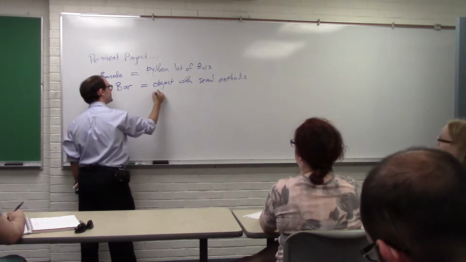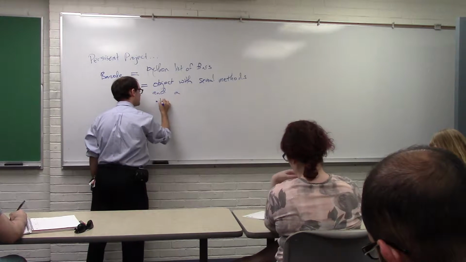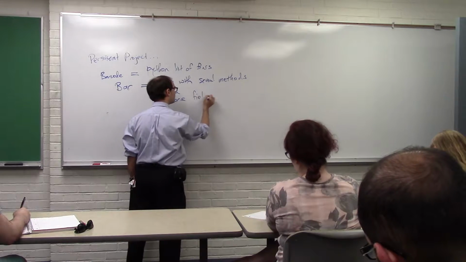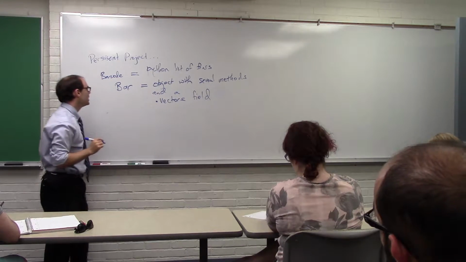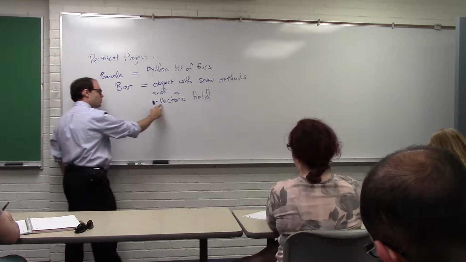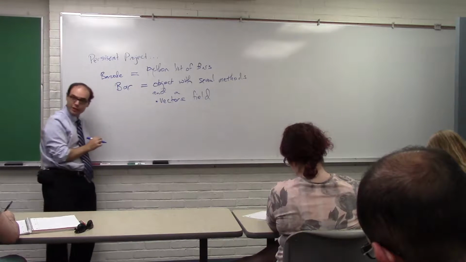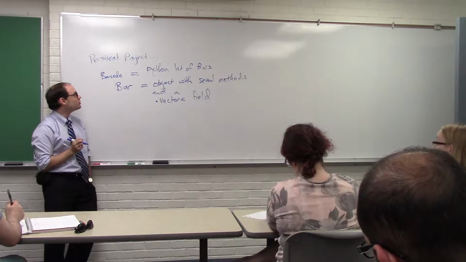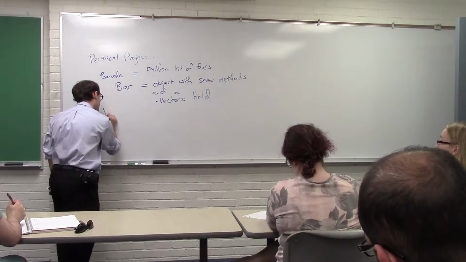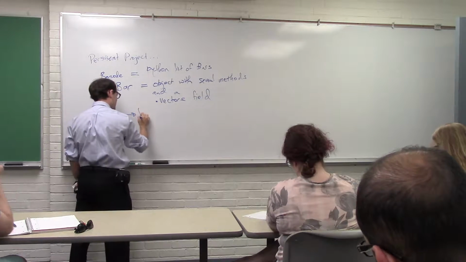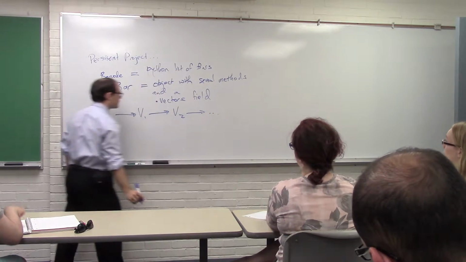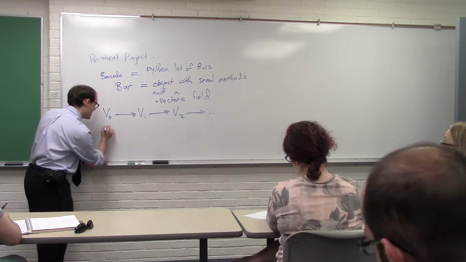and a dot vectors field, a vectors attribute. The way the vectors work is it tracks the history of a particular basis vector in your barcode. So remember what's going on. If I have V0 into V1 into V2, etc., this is my quiver representation. I build a basis.